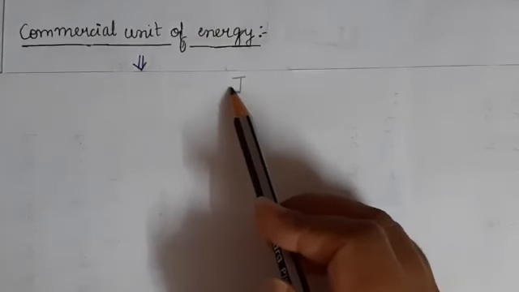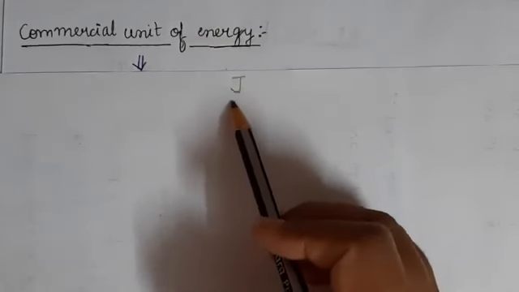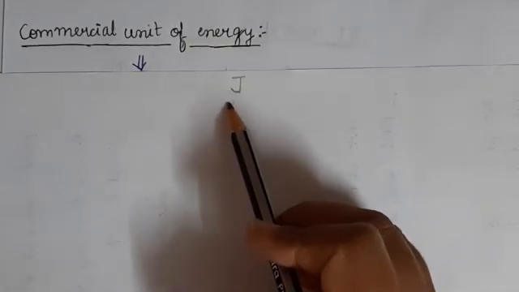What is the unit of energy that we discussed? The unit of energy is basically joule. But this is a very small unit. Okay, this is too small and it is very inconvenient to express the larger units of energy. So there is one bigger unit of energy that is called kilowatt hour.